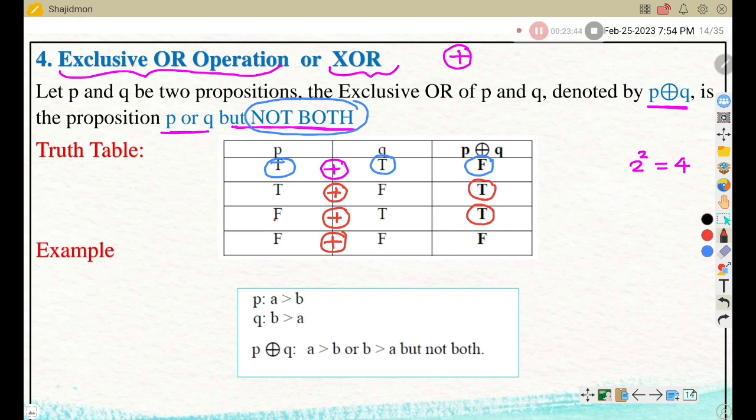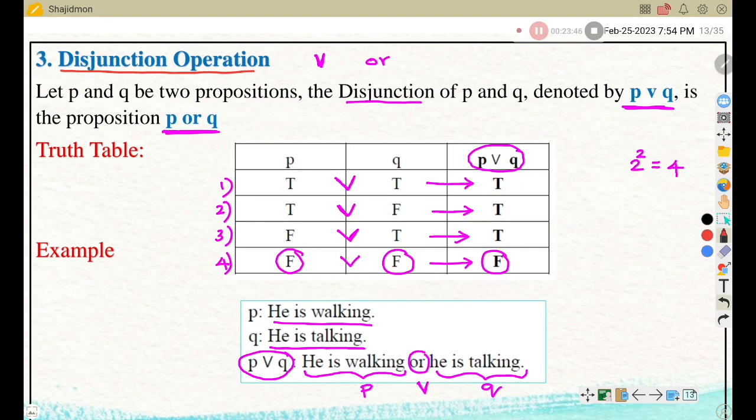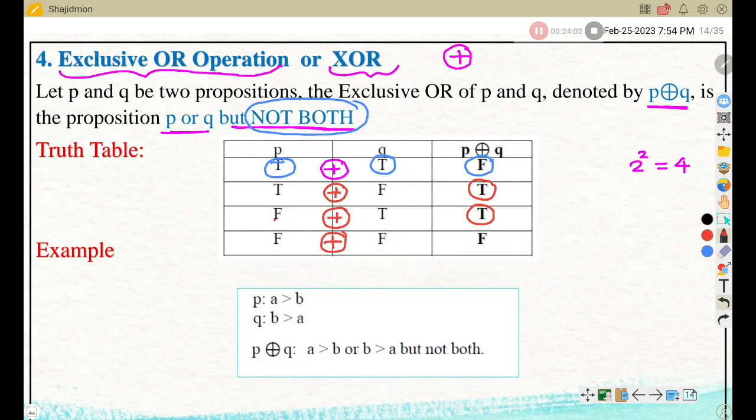Compared to the disjunction operation, where both true gives true in OR but false in XOR, there is no other difference. Keep this idea in mind: both true is false, both false is also false, other cases are true.